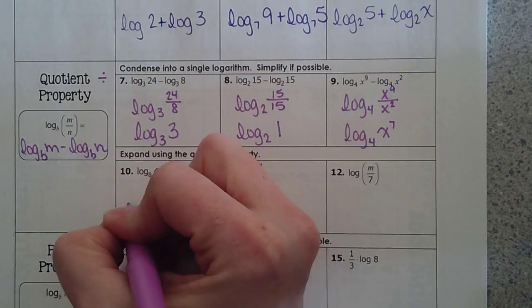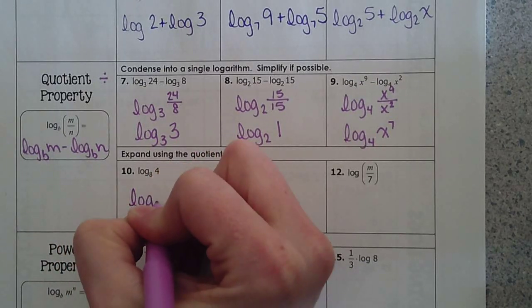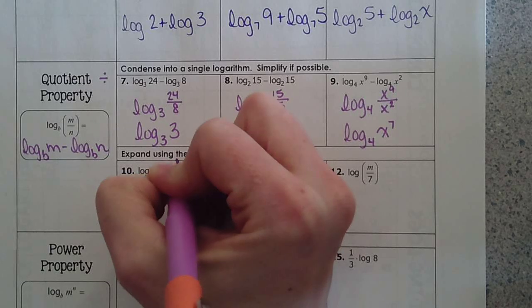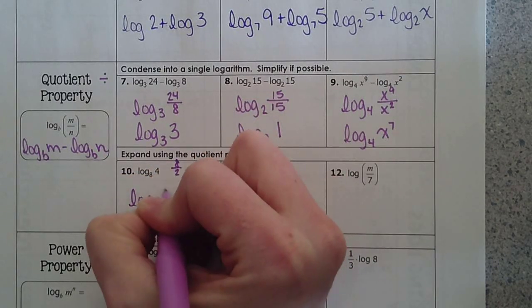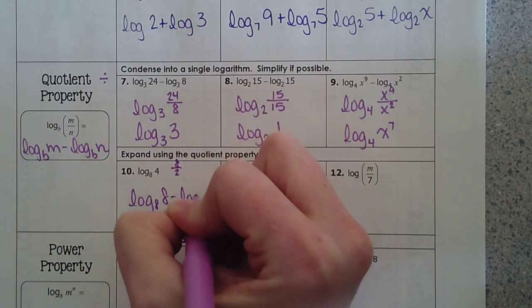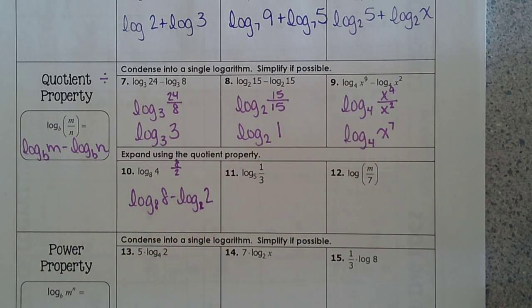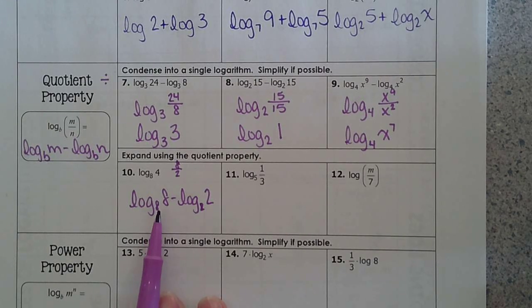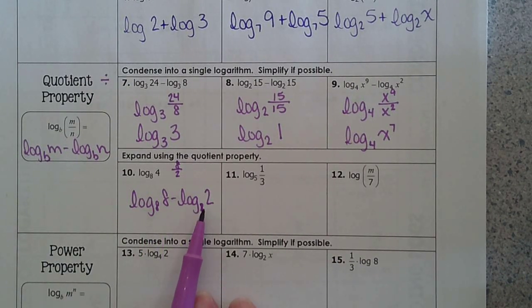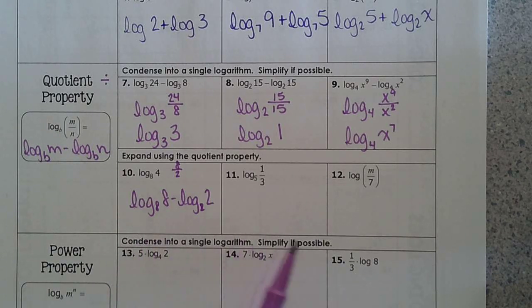I'm going to do log base 8. I'm going to use 8 over 2. Log base 8 of 8 minus log base 8 of 2. And this could be beneficial because log base 8 of 8 is 1. And I still have to solve my log base 8 of 2 there.